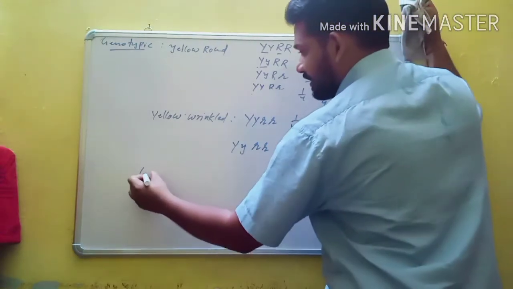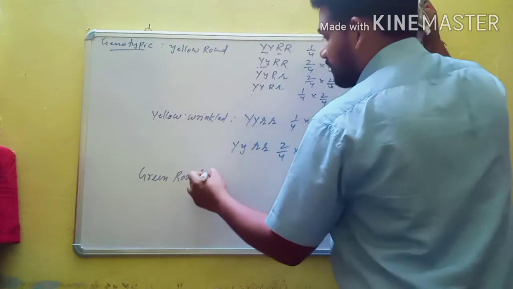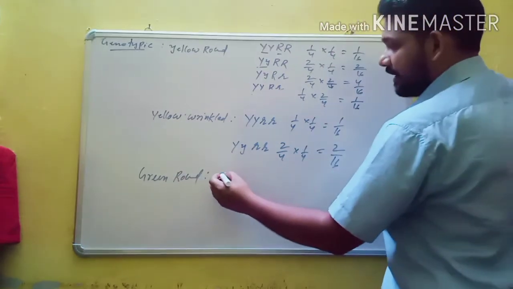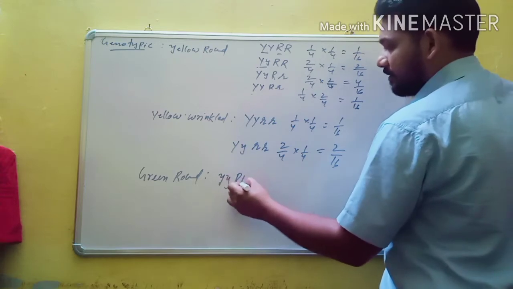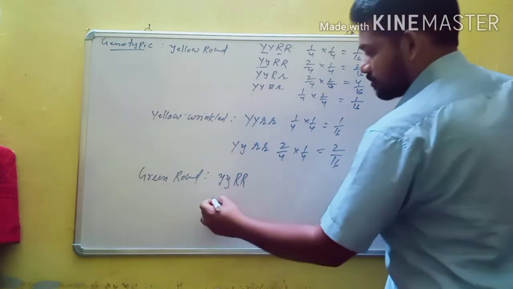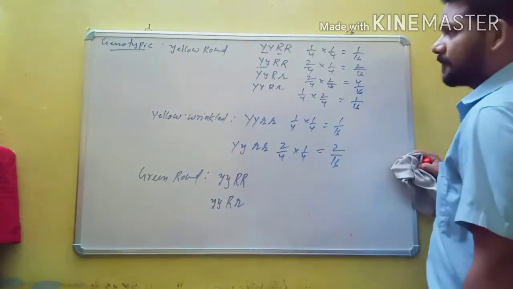Next green round. So what is the genotype of green round? Small y, capital R, small y, capital R, small r.